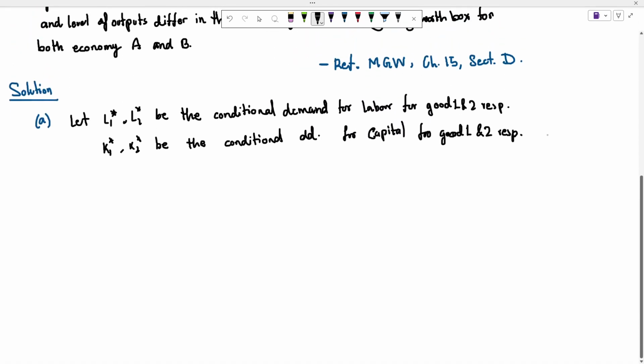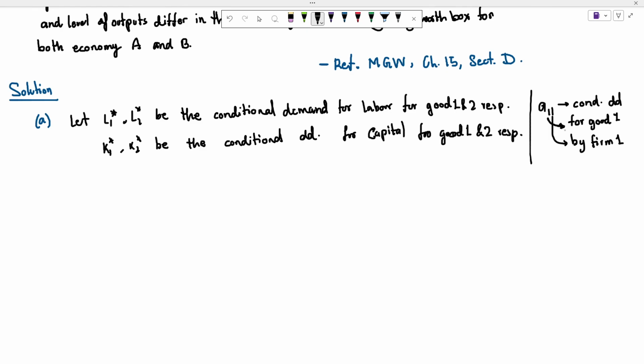Now in MGW, these things are, not in this particular notation, they have used A11 to denote the conditional demand for good 1 by firm 1, where the first subscript represents the good, and the right one represents the firm.